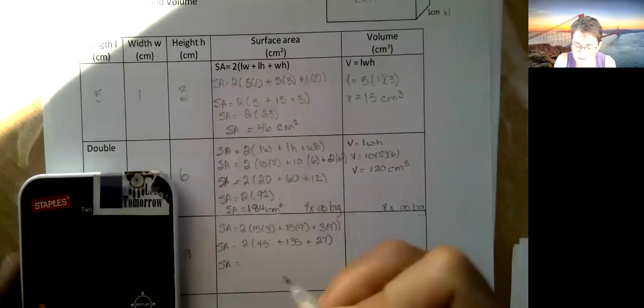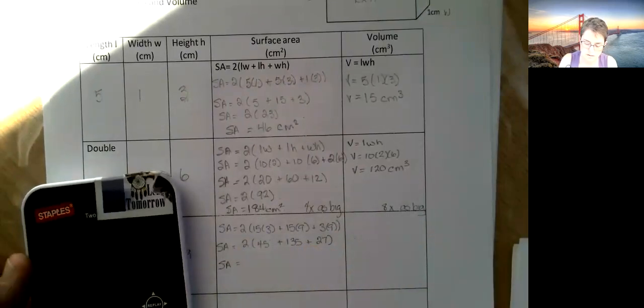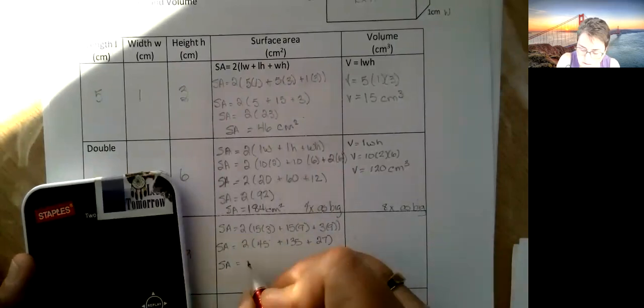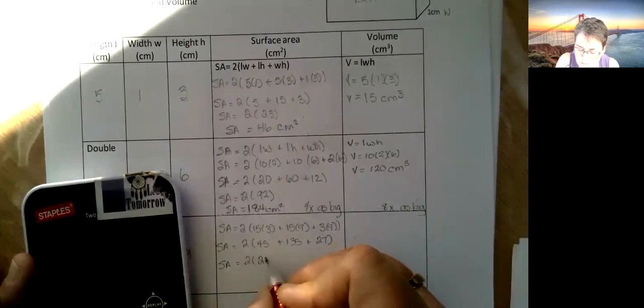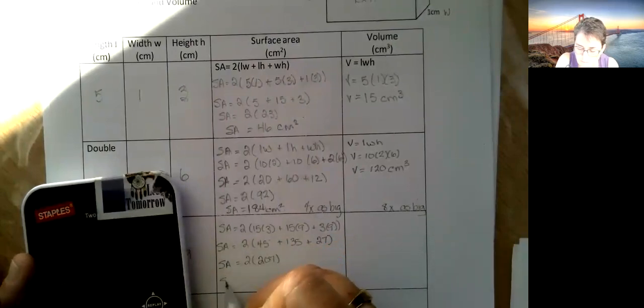Surface area is equal to 45 plus 135 plus 27 is 2 times 207. Surface area times 2 is 414 centimeters squared.